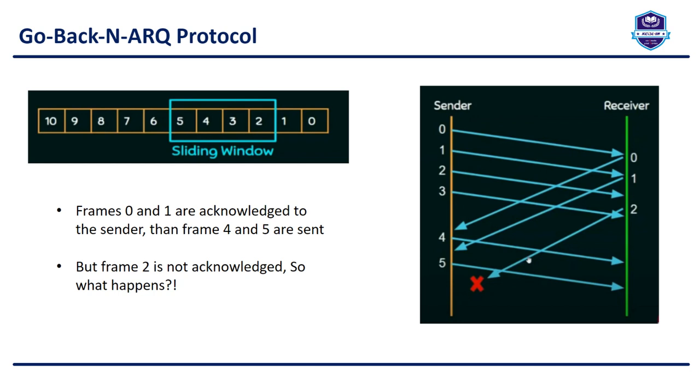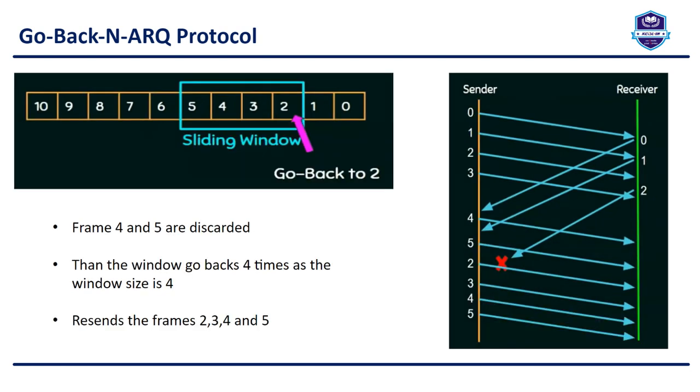So what happens if the second frame acknowledgement is lost? Here, if the second frame acknowledgement is lost, the window will slide, as it contains only four frames. Frames 4 and 5 are discarded.